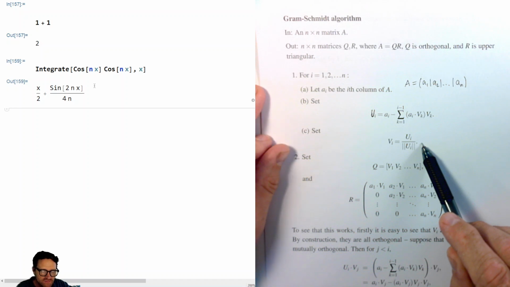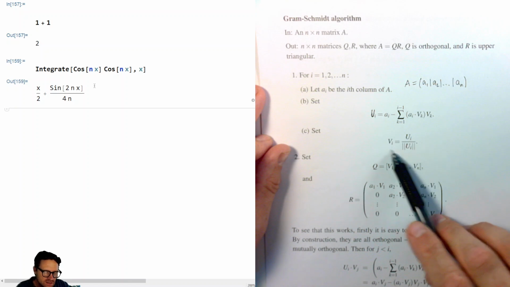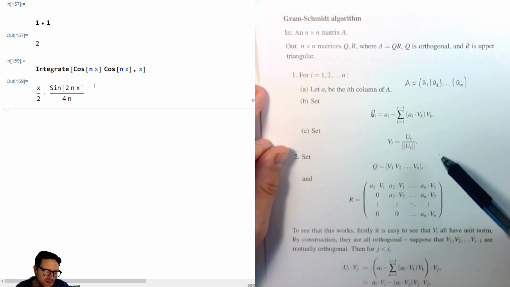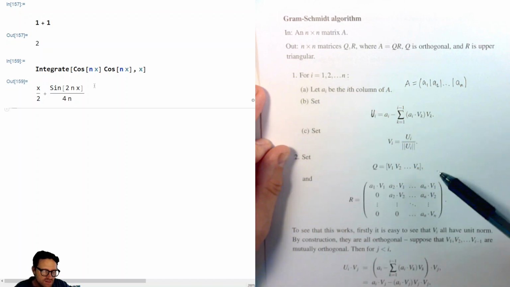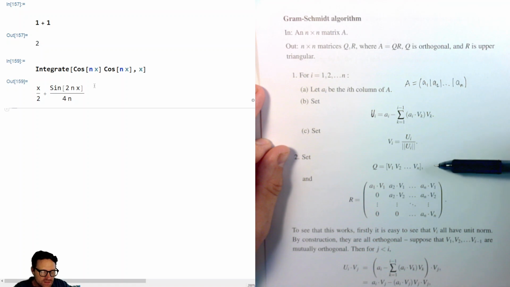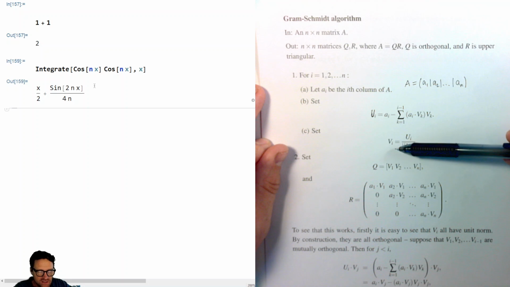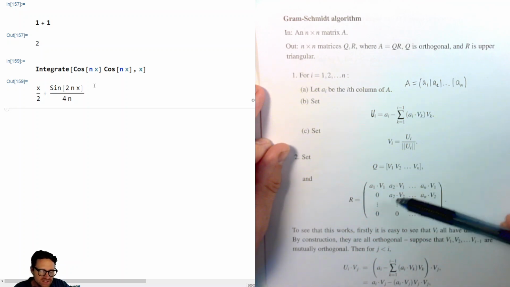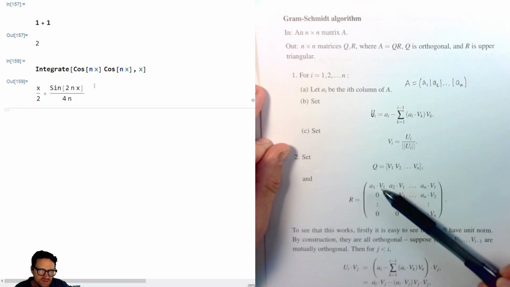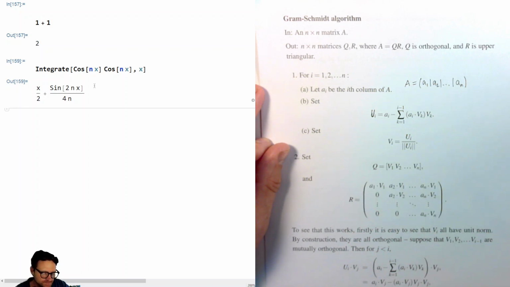Okay, so once we have this and this, for all of the i from 1 through n, we can then construct our orthogonal matrix Q just by concatenating the column vectors v1, v2, and so on into Q, and then R is obtained just by a bunch of dot products, but you can see it's upper triangular, zeros below the main diagonal.